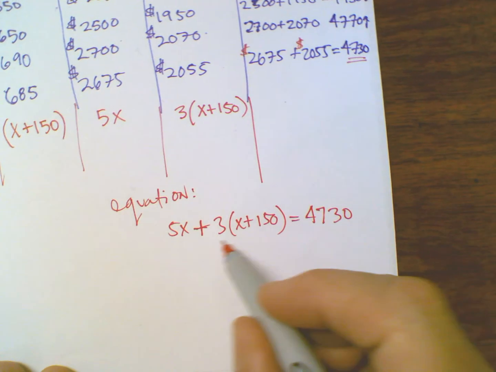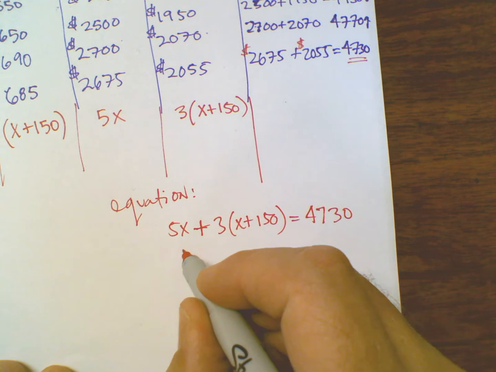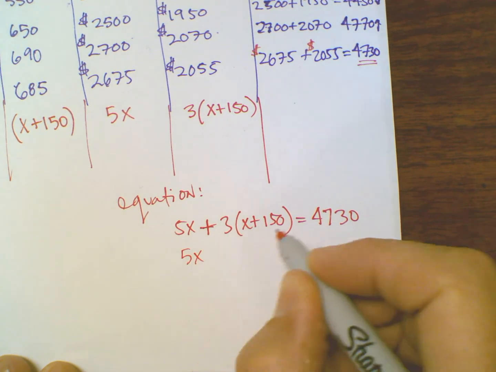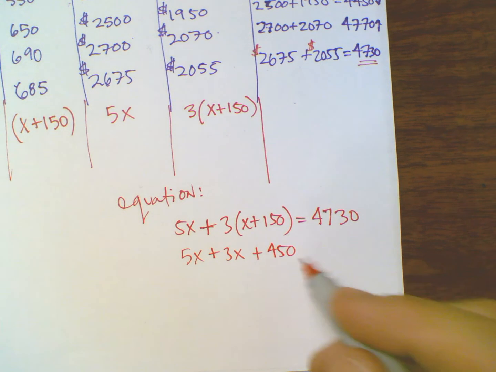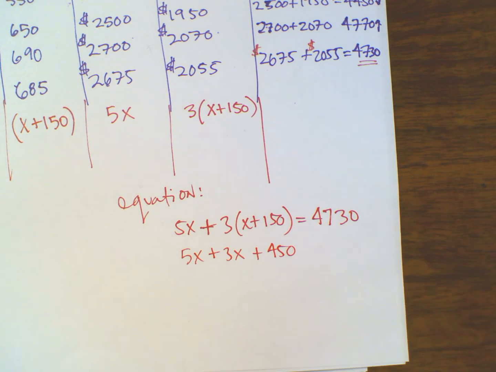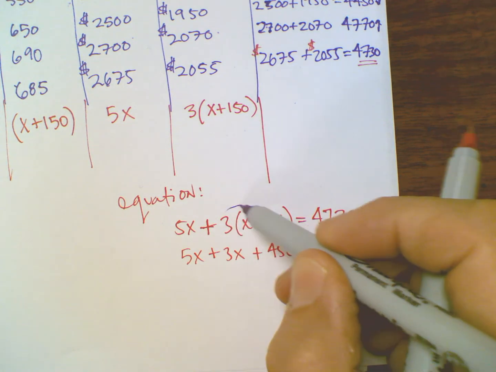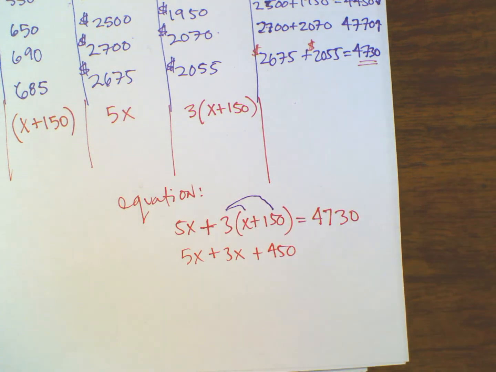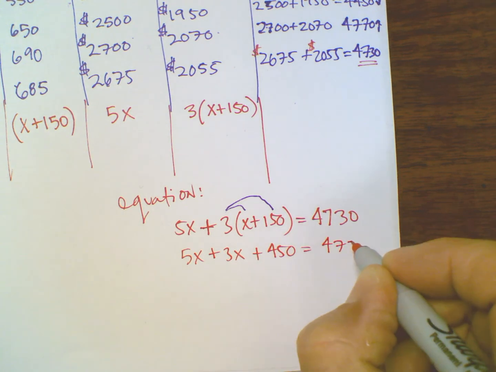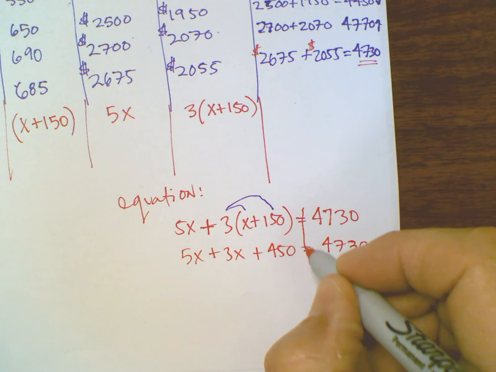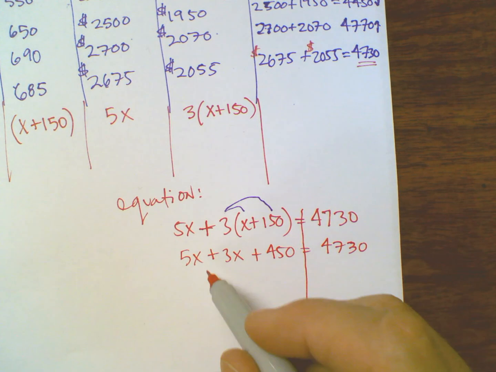So how would I solve this? First, got to simplify and combine like terms. So I know I can take that 3 and distribute it. So it's plus 3x plus 450, right? I have to take that 3, right? And remember the process of taking that 3 and distributing it to each of the pieces in that parentheses. Equals 4,730, right? I'm going to draw my little equation line so I keep myself balanced.